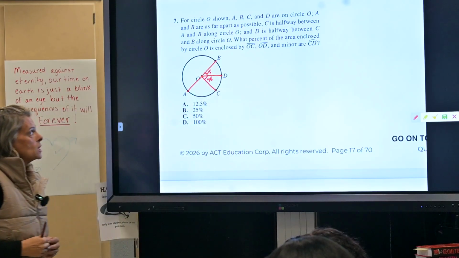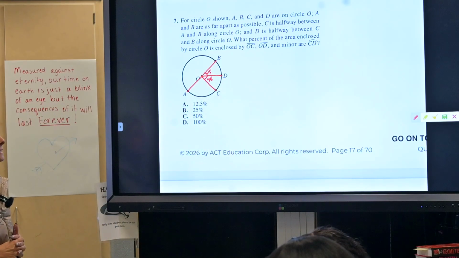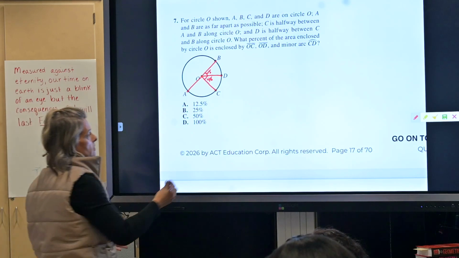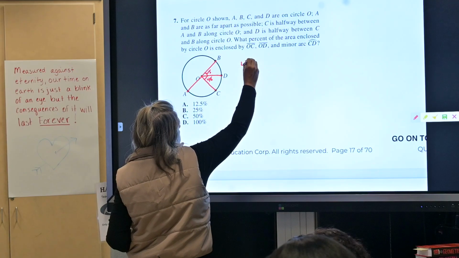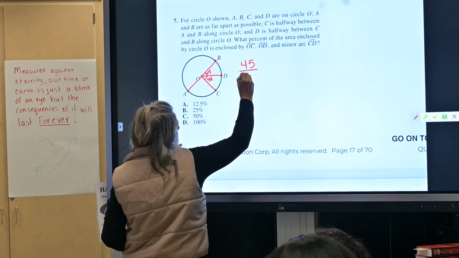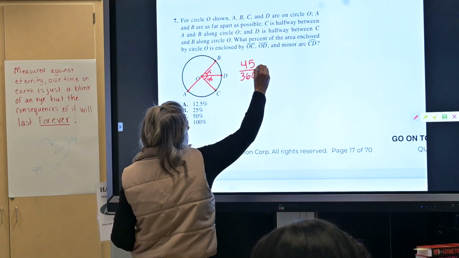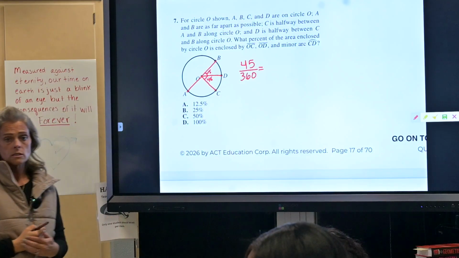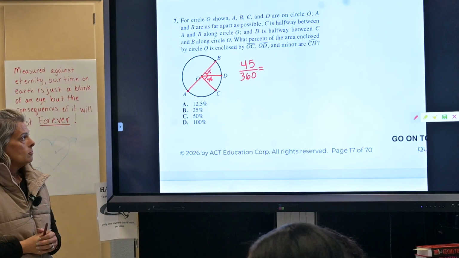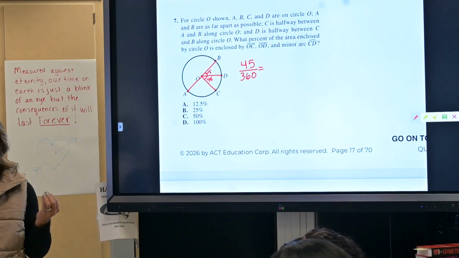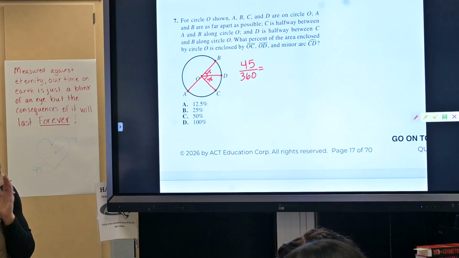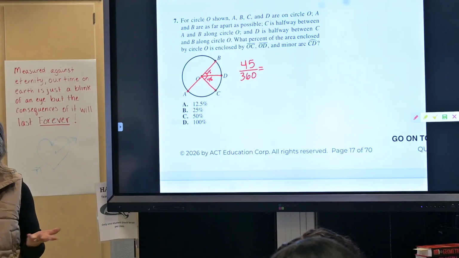I should have written that one. And minor arc CD. So all you need to do is put the 45 degrees on top or in the numerator, and then 360 degrees in the denominator. So go ahead and put that in your calculator. It's going to give you a decimal, and then what do we multiply decimals by to get a percent? 100, yeah.